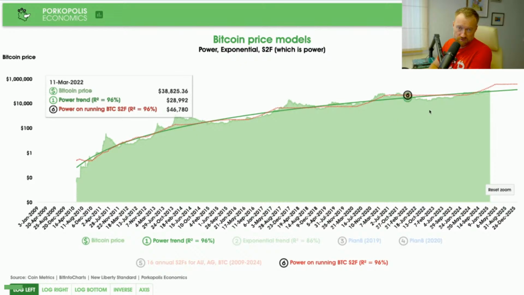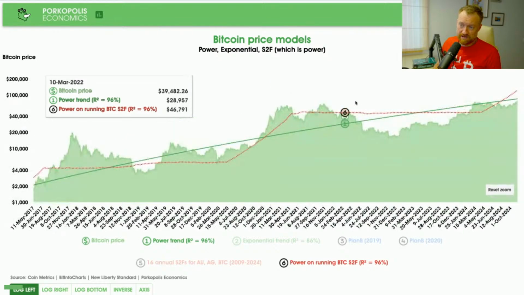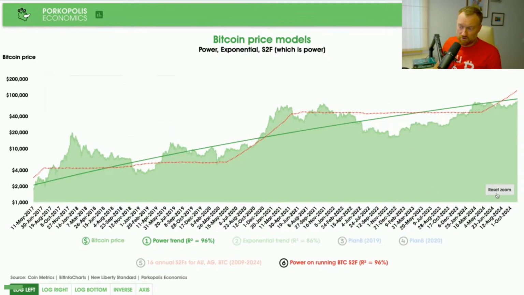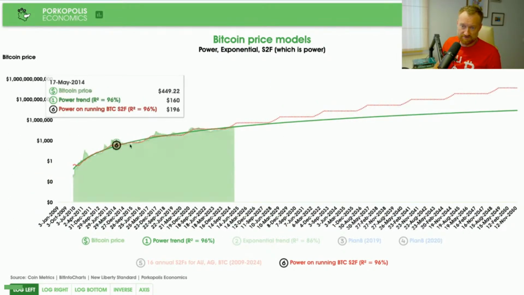Rather than just purely running on signal of power price, and it's clearly a power relationship, the green line, with stock to flow, we're letting the exponential emission of a halving emission of Bitcoins coming out every 4 years influence the model. So it's not bad. This one's better, if we don't let gold and silver S2Fs influence this model.